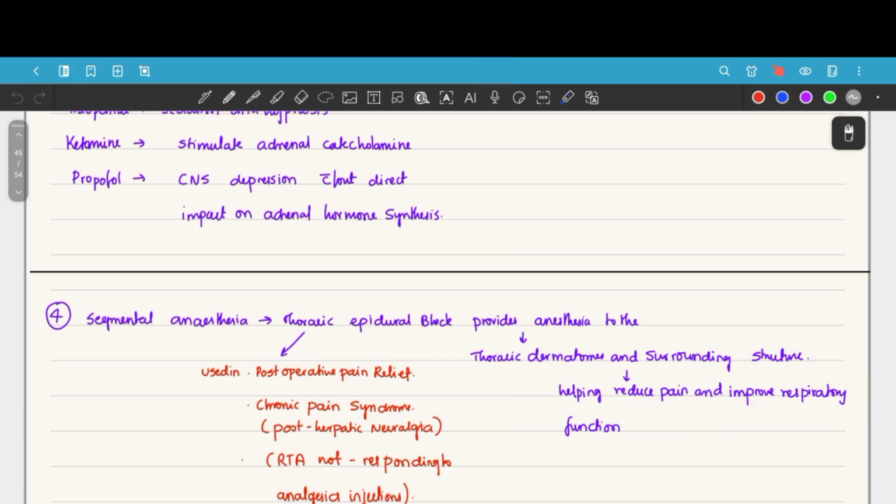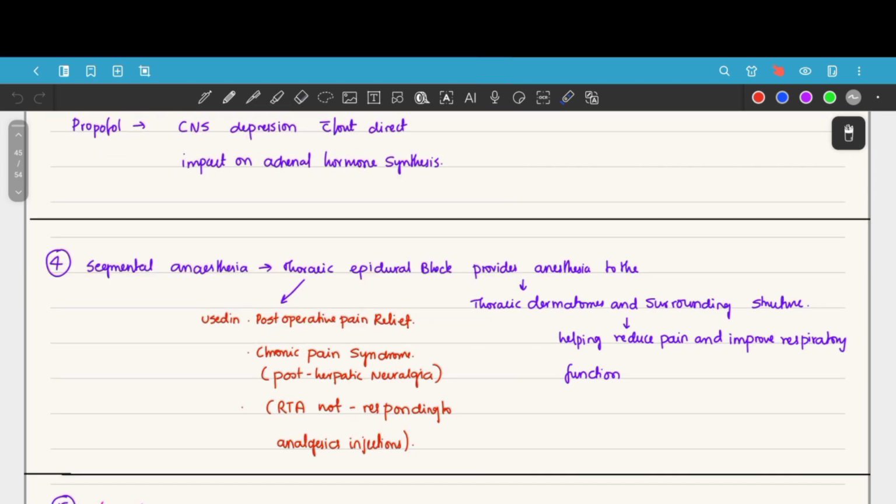When there is more pain, it's very difficult for you to breathe, isn't it? So if we give this, the thoracic dermatome is blocked, it will help to reduce the pain, hence the patient will have a good respiration.